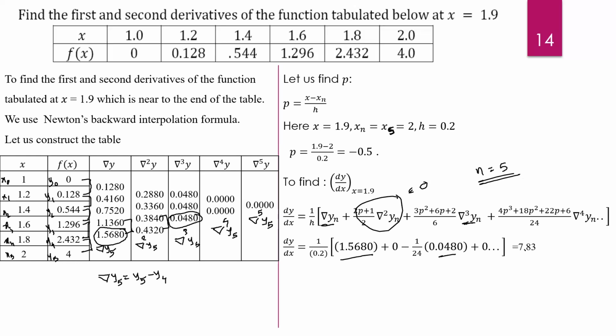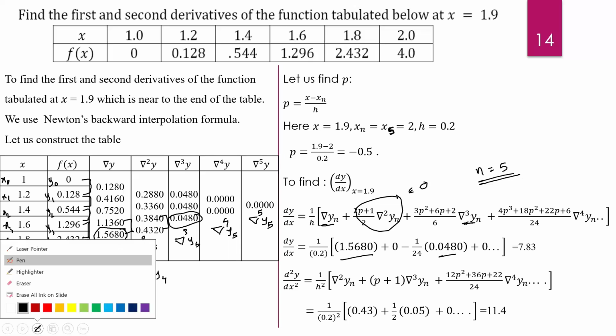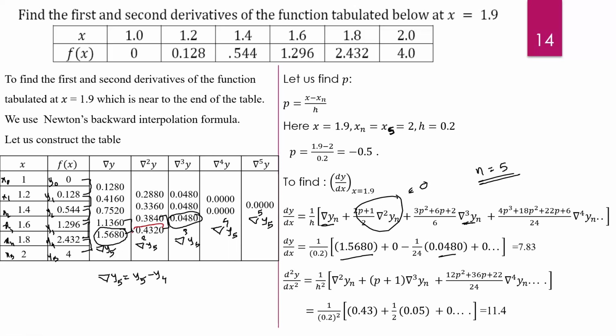Now the second order, this is the formula. We have calculated this formula from the derivation. Substitute p is equal to minus 0.5 and put the values from the table. This is the second order backward difference. So we put 0.4380 for the second order. We substitute here.